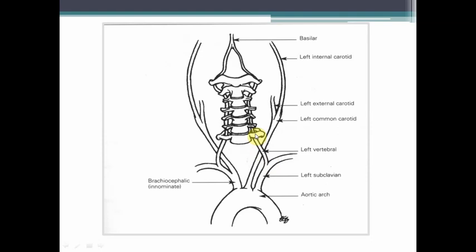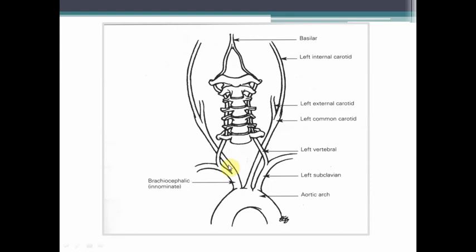It will go through the foramen of the cervical vertebra. That's why the cervical vertebra has a foramen, and no other vertebra other than the sacrum. Sacrum also has a foramen. Foramen means a hole allowing blood vessels or nerves to pass through it.